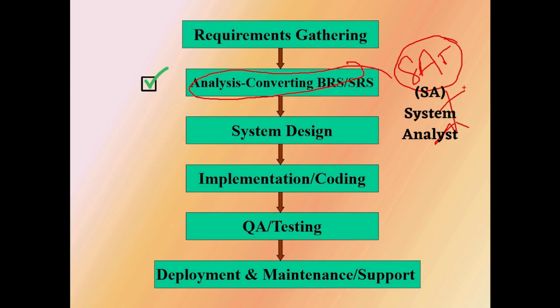As a tester or as a developer, if you look at the BRS document, we may not understand it that fruitfully, because it is a high-level document which contains only business and business-related terminology. But as testers, developers, programmers, we are technical people. We are not that much business-related people. So the system analyst team converts all business requirements into technical requirements.